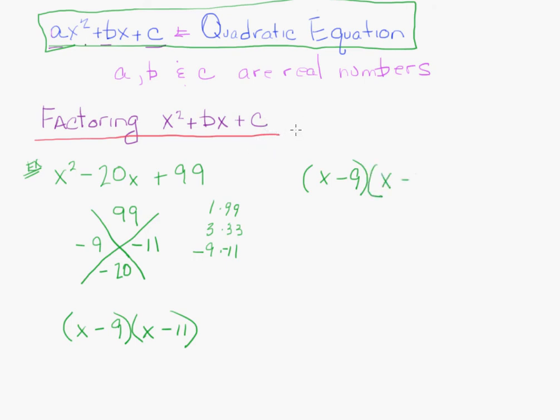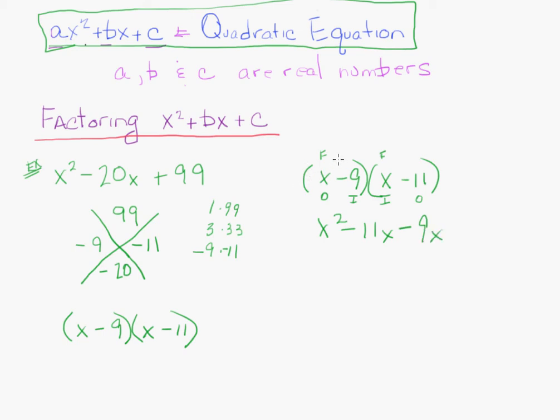So let's use FOIL. So if I multiply the firsts, right here, the two x's, then I get x squared. If I multiply the outsides, the x and the negative 11, I get negative 11x. If I multiply the insides, the negative 9 and the x, I get negative 9x.